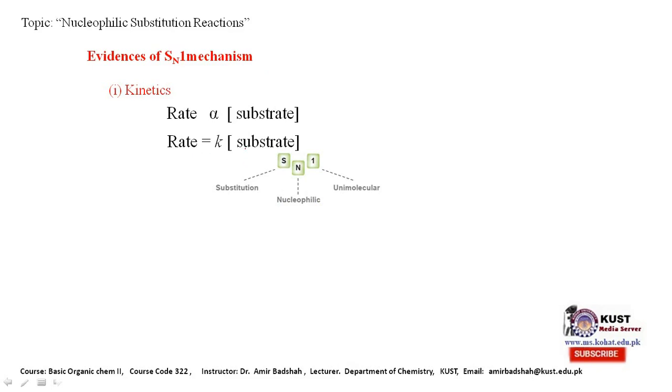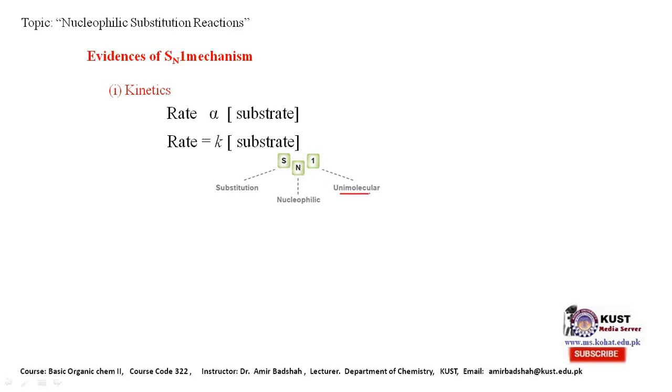So if only the concentration of the substrate affects the rate, we can easily guess that this reaction has occurred through the SN1 mechanism, and that is why it is called SN1.